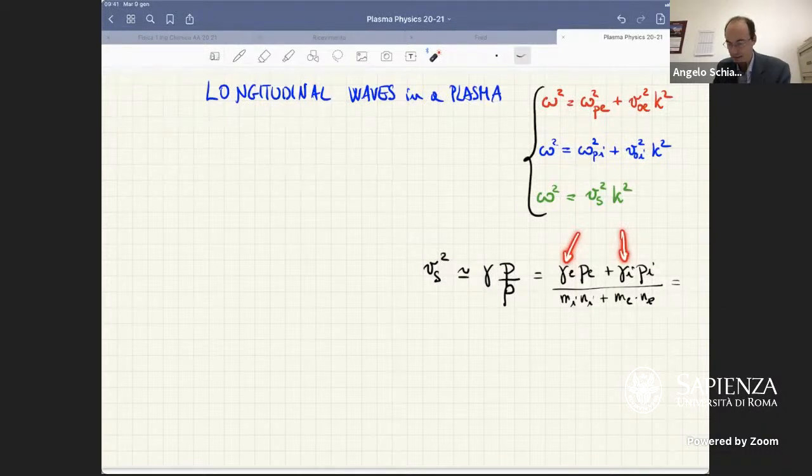What does this mean? Adiabatic means that the wave phenomenon is too fast for thermal conduction to take place and redistribute the thermal energy inside the species. And that makes sense usually for fast waves with respect to the thermodynamic times.